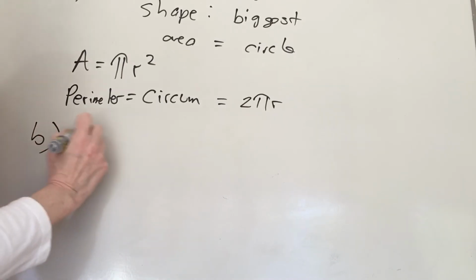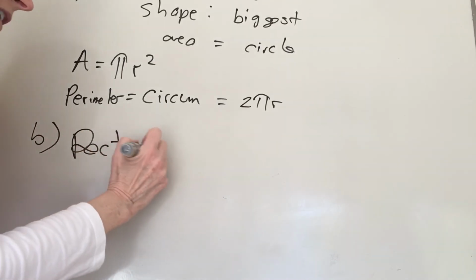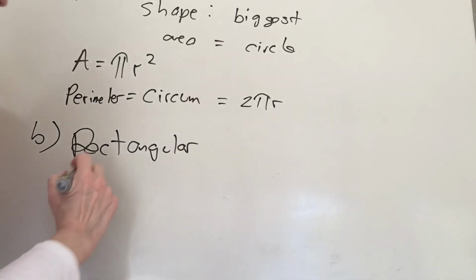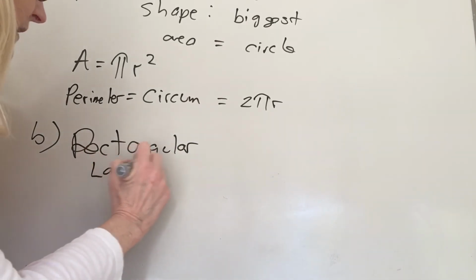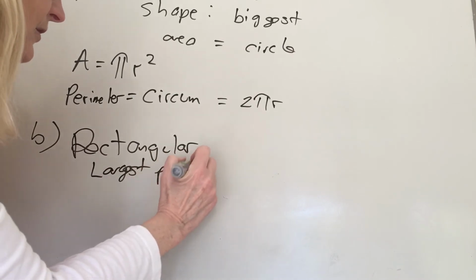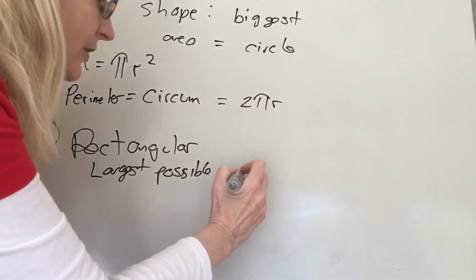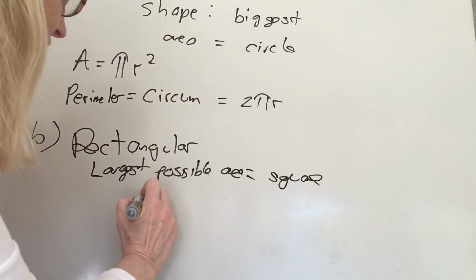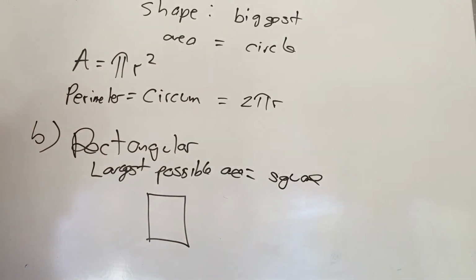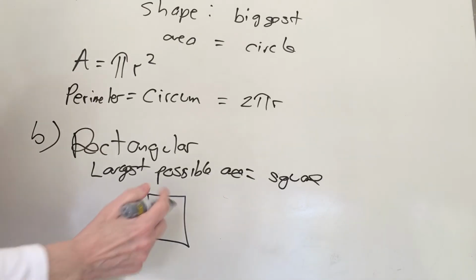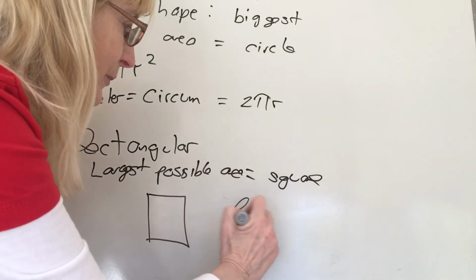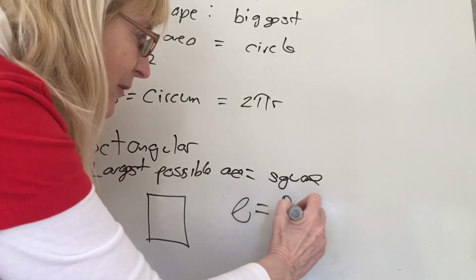Part B, they tell you that in this case it's a rectangular shape. So for a rectangular shape, the largest possible area is a square. Remember that? So, draw a square. You know the largest possible area is a square, so to find each side, you just take the length equal to the perimeter divided by 4, right?